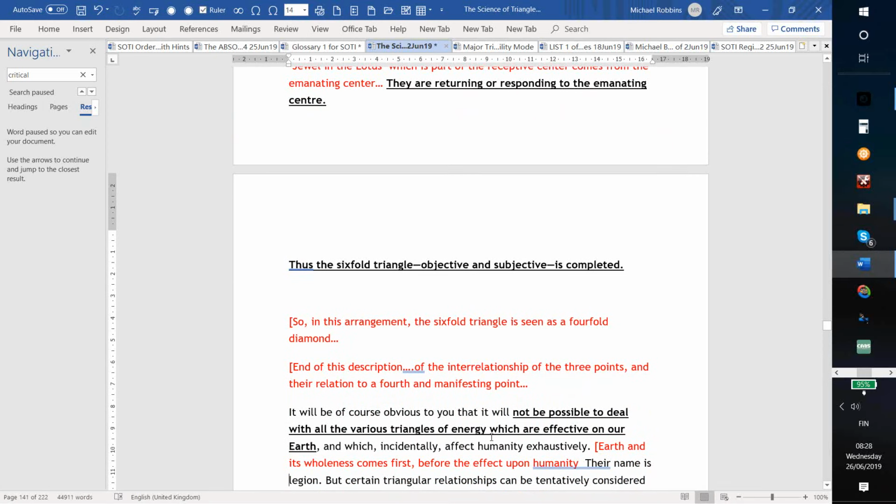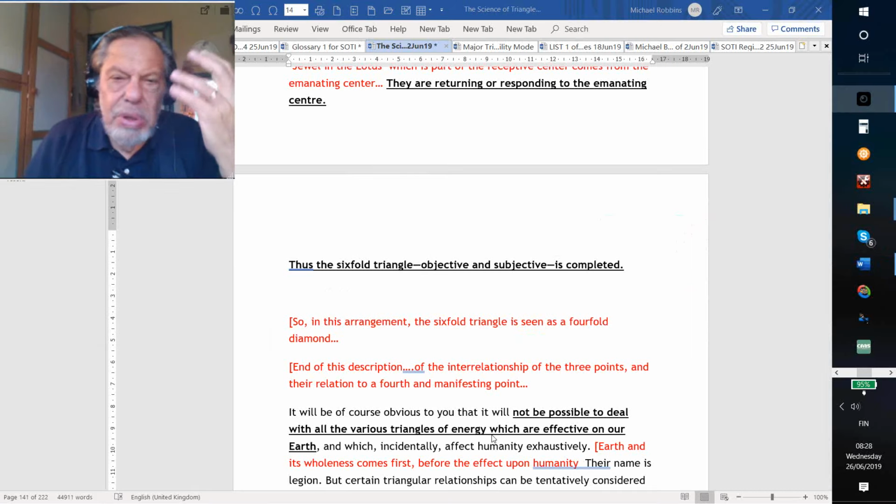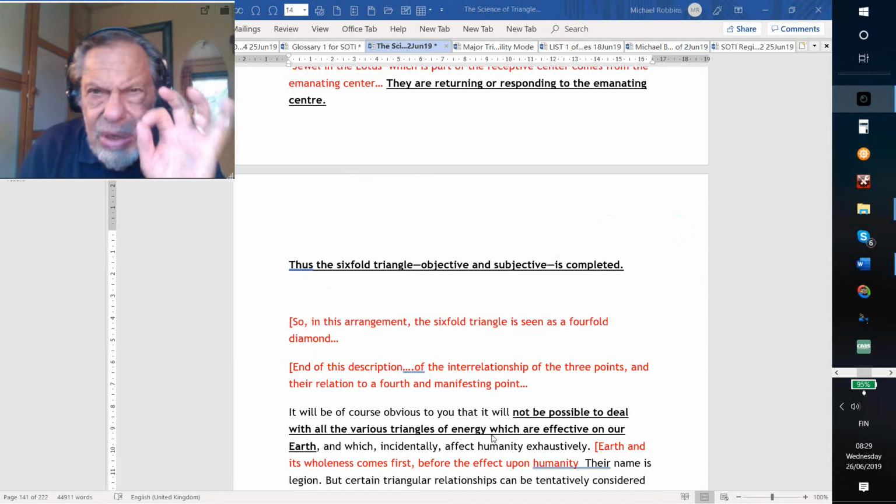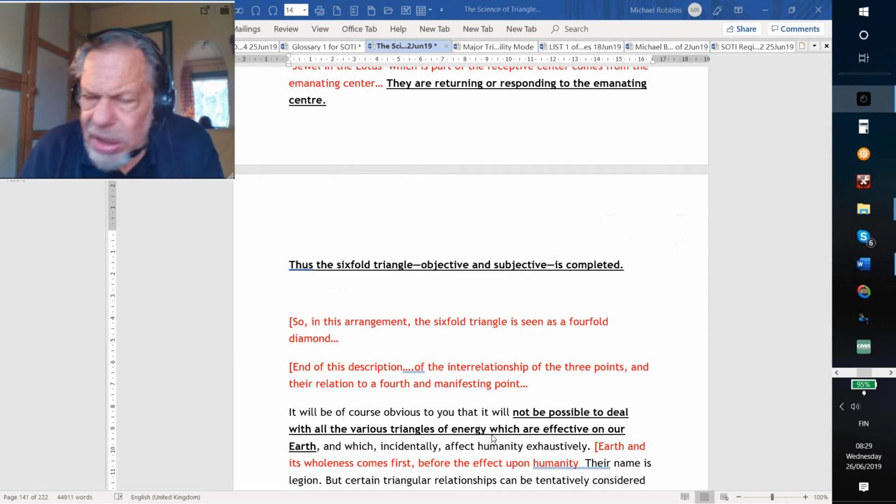Well, we know that the superior triangle is the subjective part, deeply interior. DK distinguishes, just because something is subtle doesn't mean it's subjective. Now, we have a subtle emotional body.